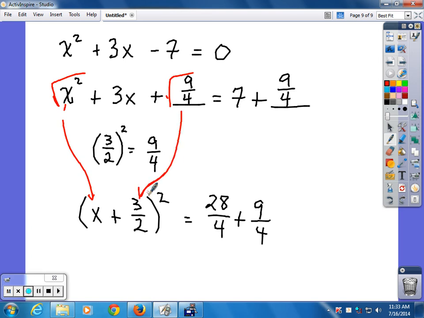Now, how does that help? So, our equation looks like x plus 3 halves, quantity squared, is equal to 37/4. Help me out.